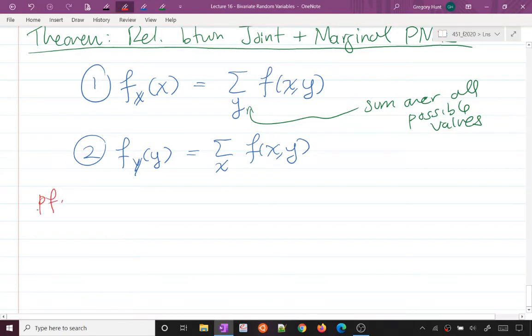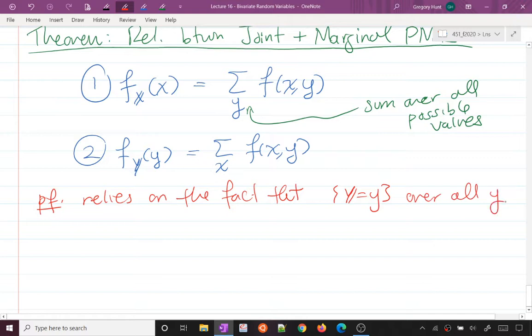We can, again, make a quick proof of this. The proof basically relies on the fact that if I look at the collection of events Y is equal to little y, over all possible little y, this partitions my real line, or more specifically, partitions S, my sample space.